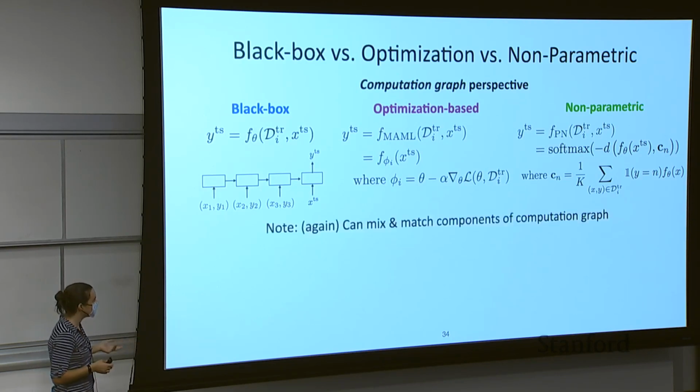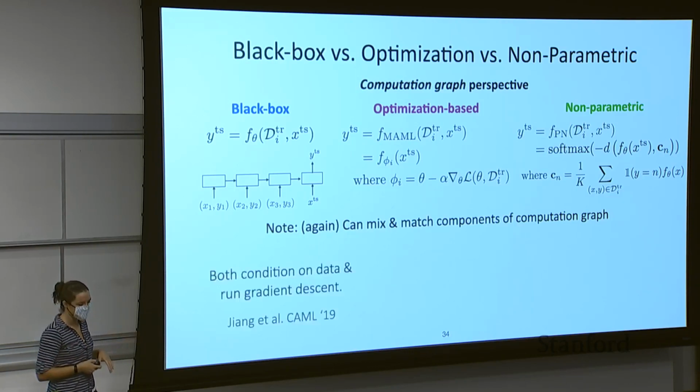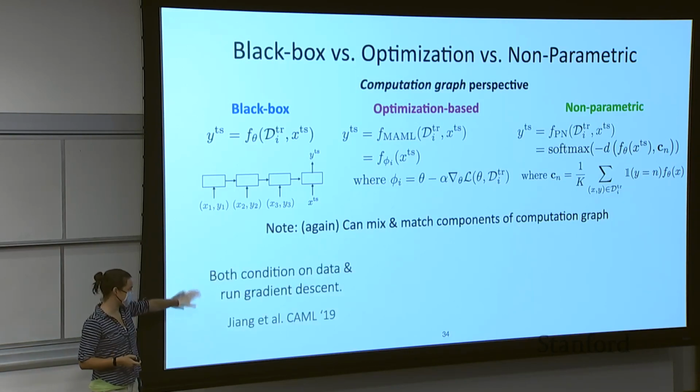Now, I can also note again that you can mix and match different components of this. In many ways, I think these are the 3 base classes of approaches, but there isn't a hard line between them. You can have hybrid methods that, for example, condition on the data and also run gradient descent on the data.